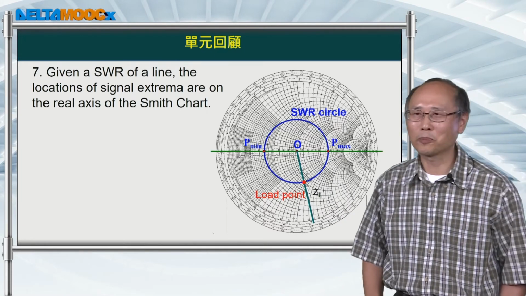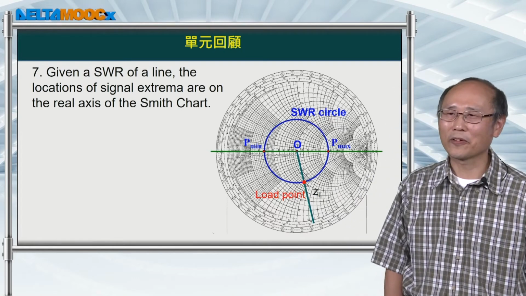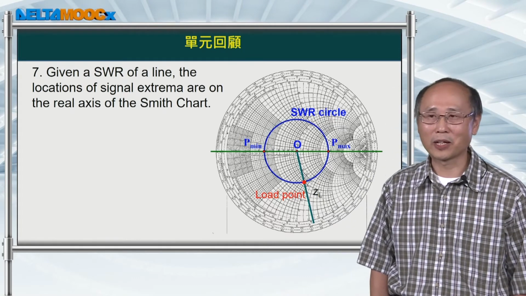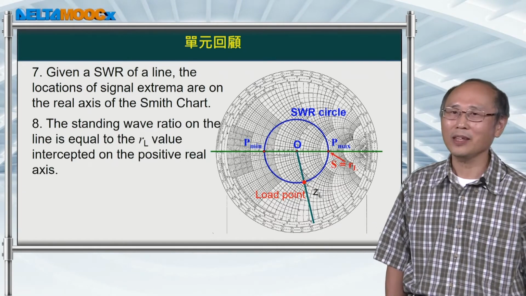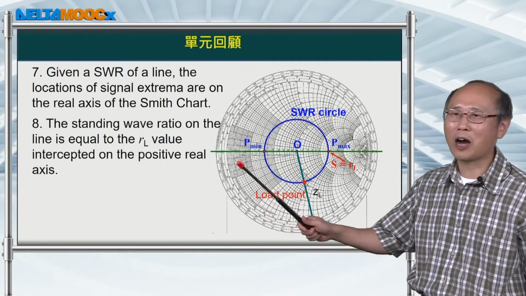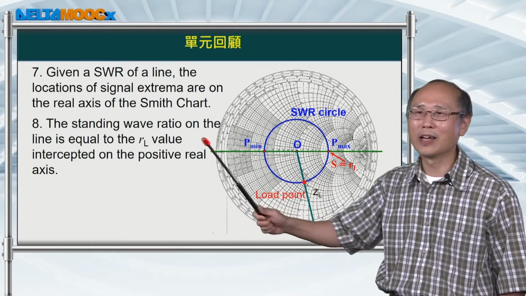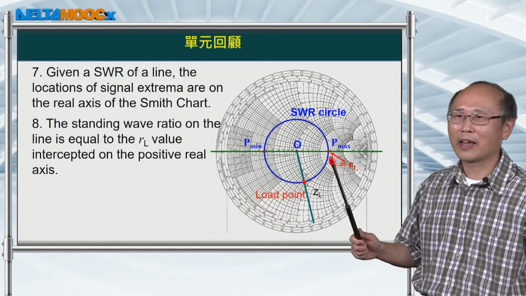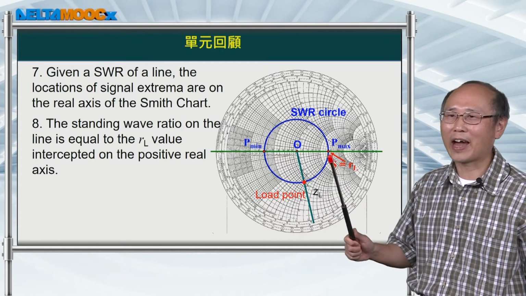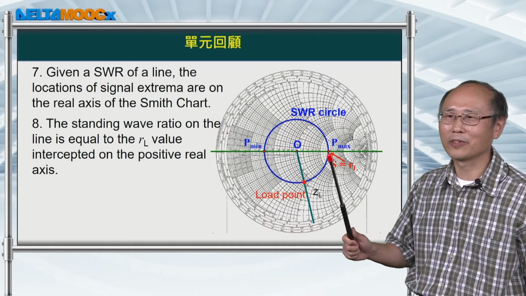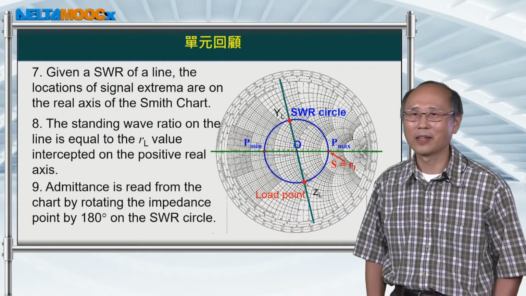I want to point out again, the location of the maximum voltage corresponds to the location of the minimum current. I also talked about how to read the standing wave ratio on this Smith chart. It turns out that the standing wave ratio of a transmission line is just the RL value on the positive part of the real axis.